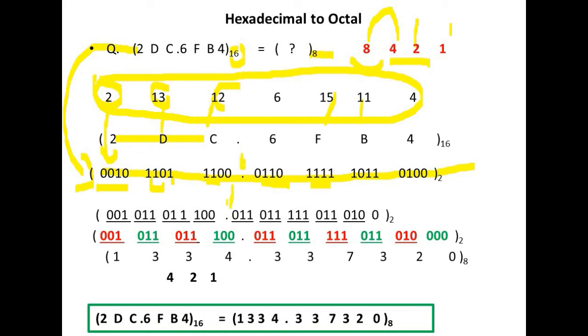So the first group will be 100. Then it will be 101, rather 011. And after that again 011, again 011, and then 001 is left. So we have got groups of 3 digits as 001, 011, 011, 100.